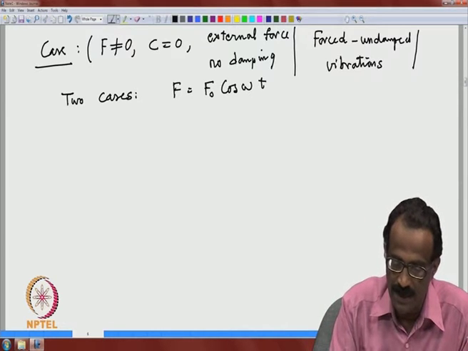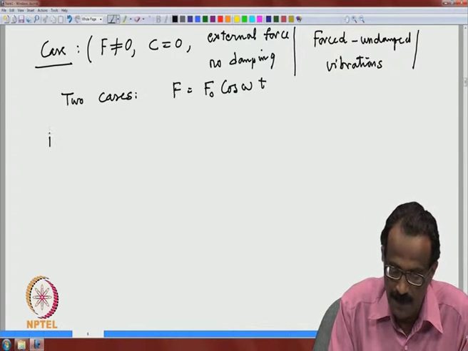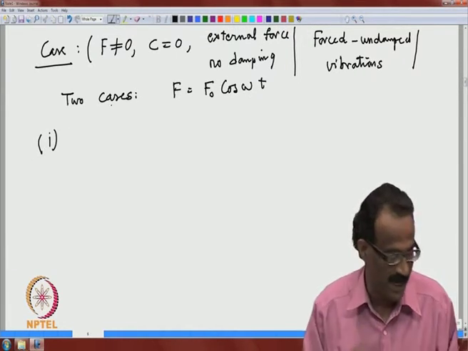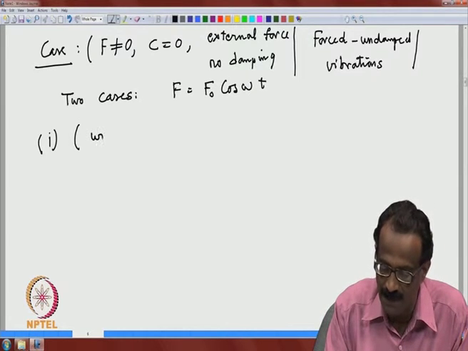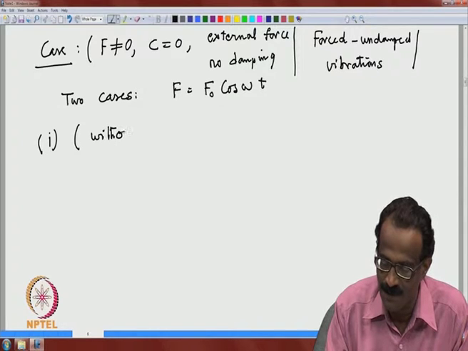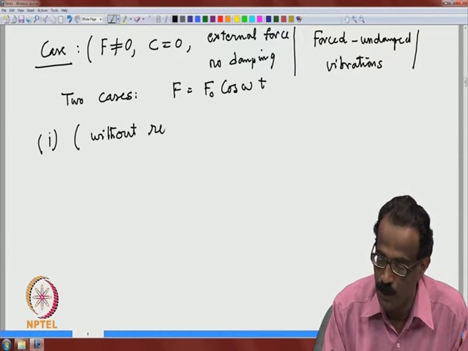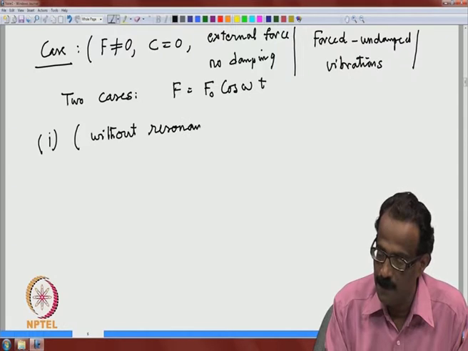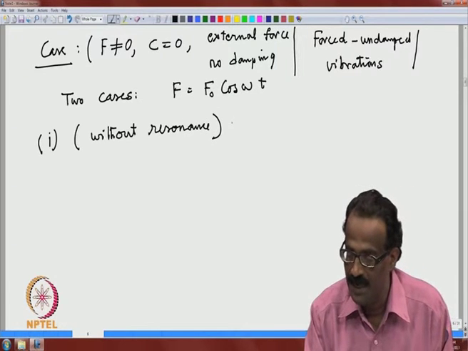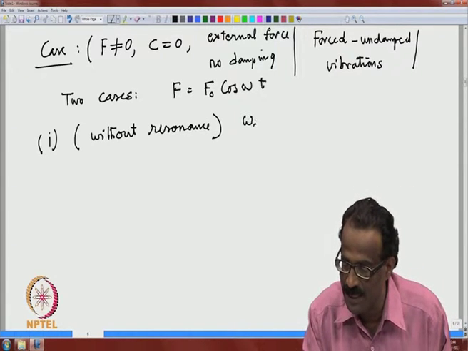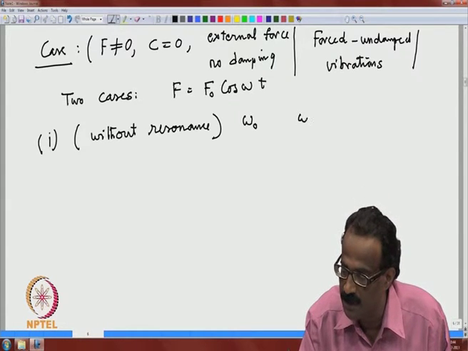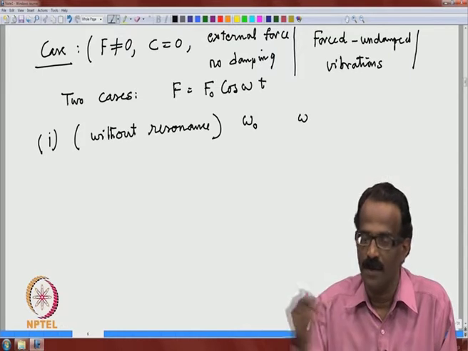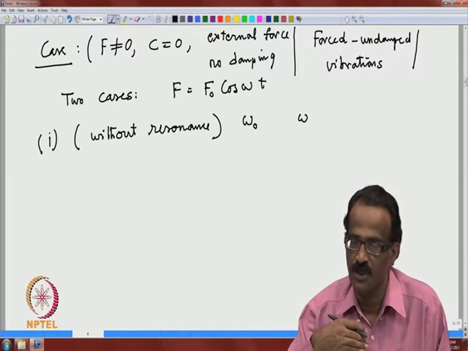First, let me tell you the sub case with omega not equal to omega naught. This is called, you will understand why, without resonance. I am going to introduce a new terminology: without resonance. That means you have a natural frequency omega naught coming from the system, and an external frequency coming from the external force.